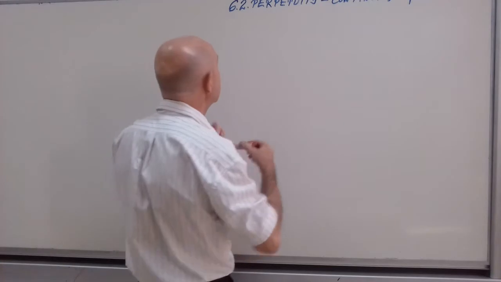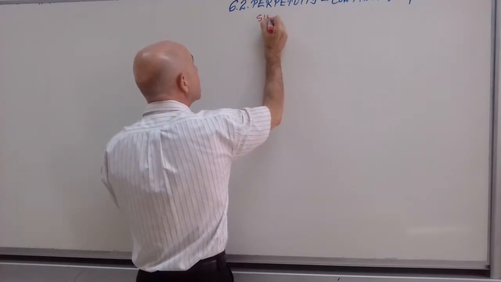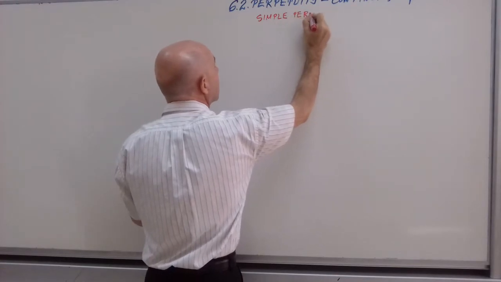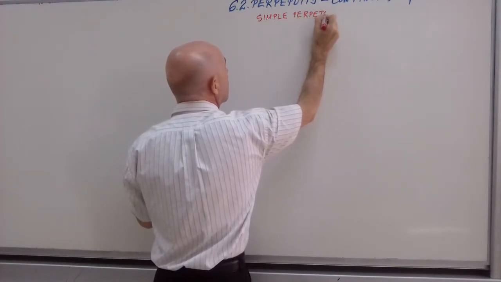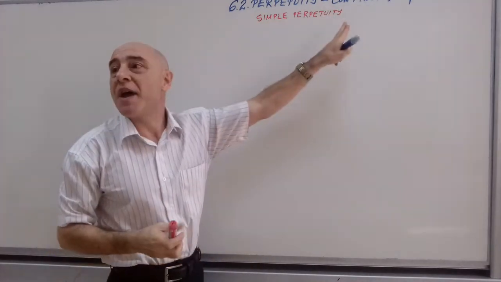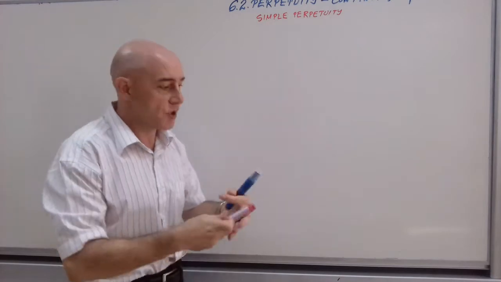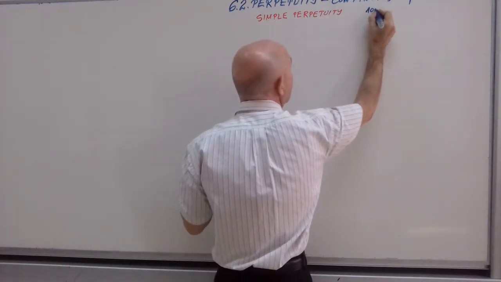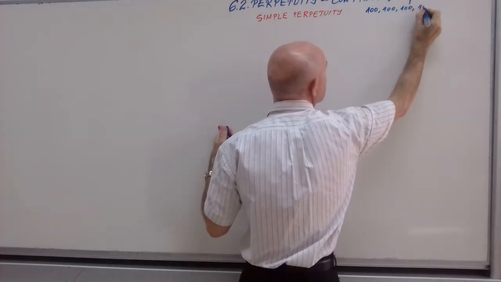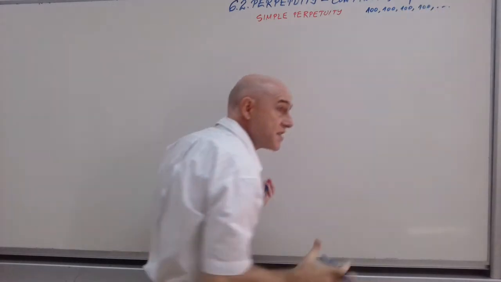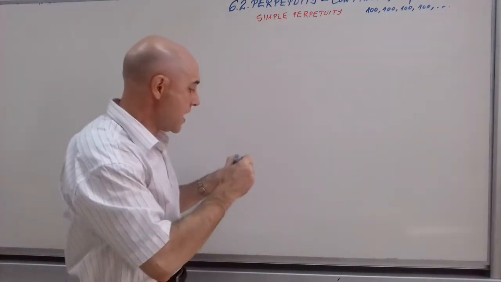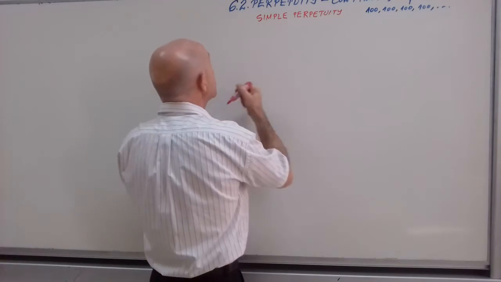In a simple perpetuity, the payments are always the same. For example, $100, $100, $100, $100, and this without end.